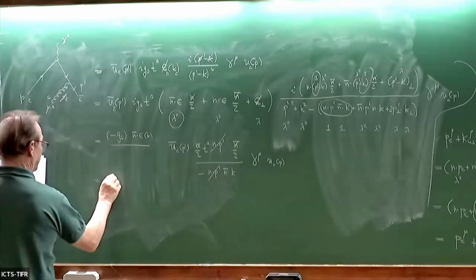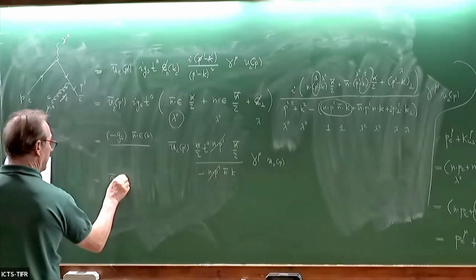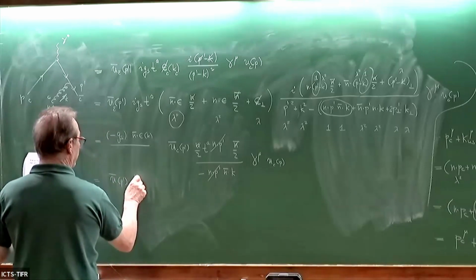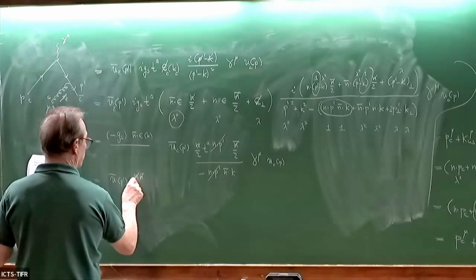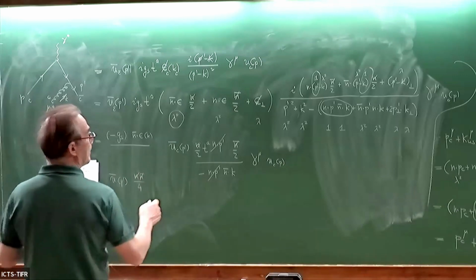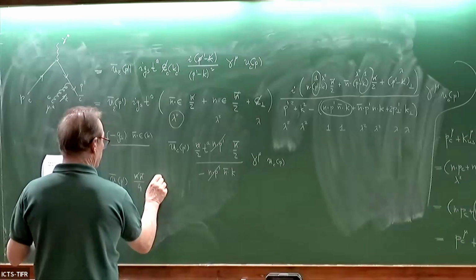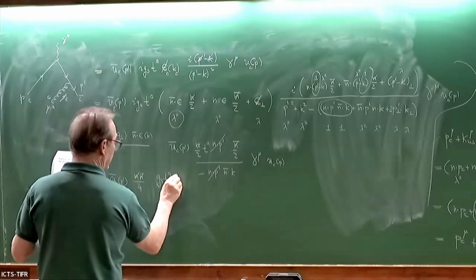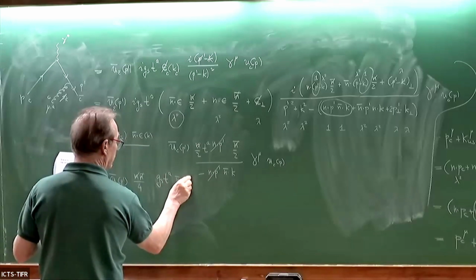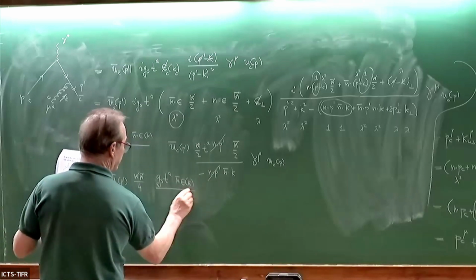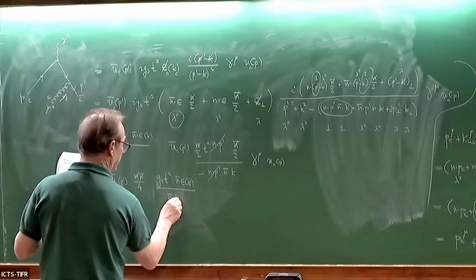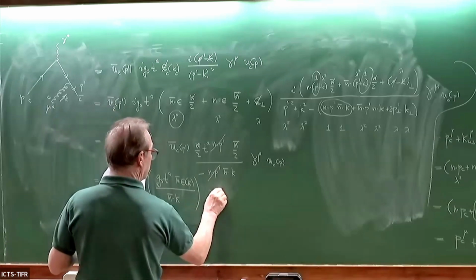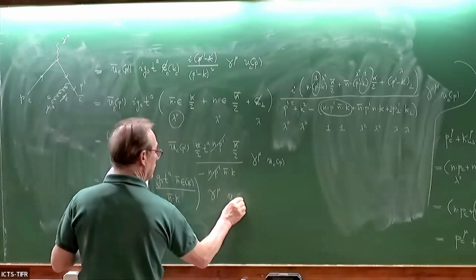So I can write this as u of P prime, n slash n bar slash over 4, g_s T^A, n bar dot epsilon of k, divided by n bar dot k, times gamma mu times u_c of p.